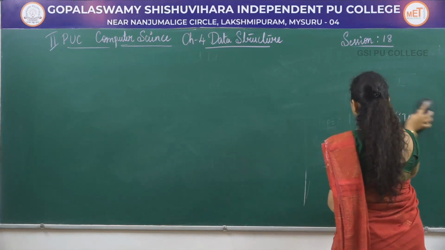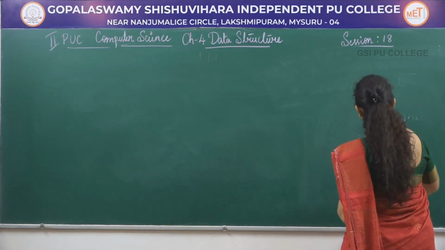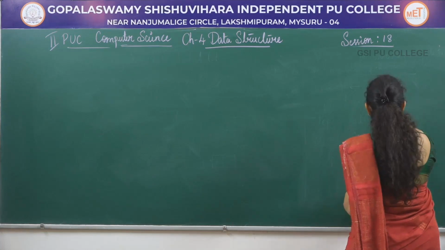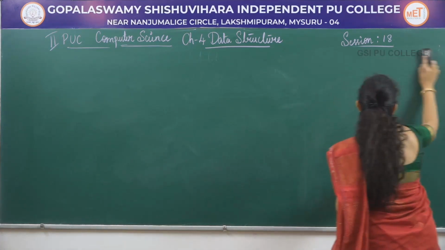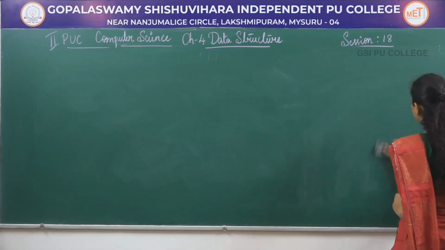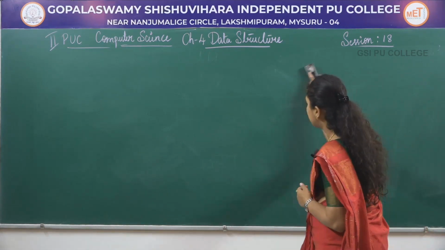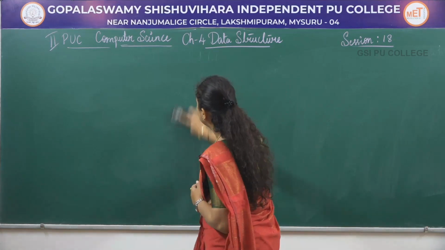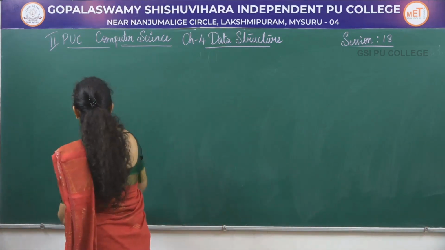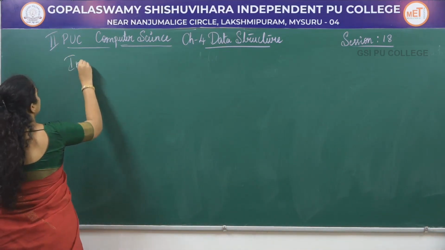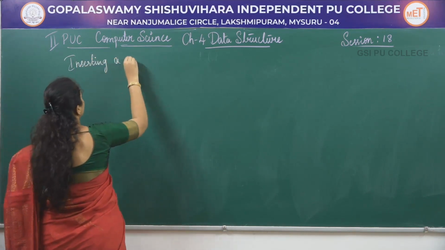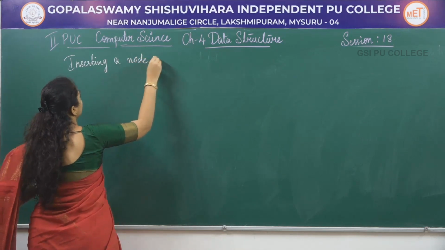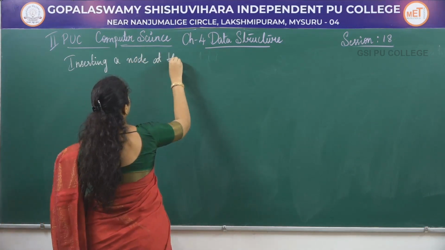In the new node, in the data part, we have to fill the number, and in the link part, we have to mention it as null, which represents the end of the linked list.